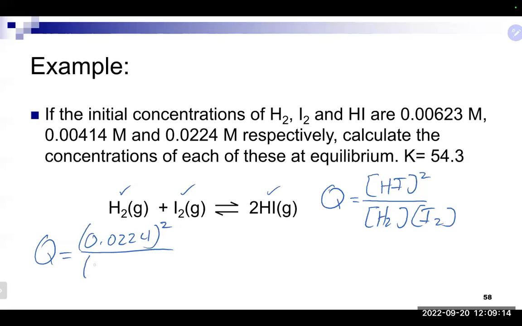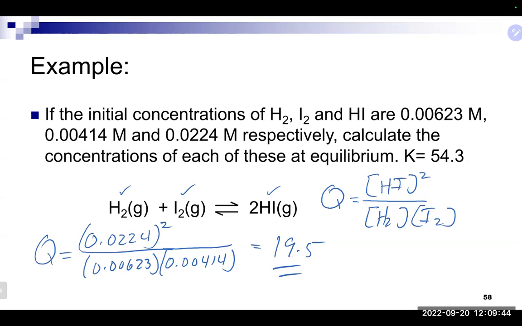Divided by our H2, which was 0.00623, and our 0.00414 for our I2. Putting those values into a calculator is going to get us a, we'll call it 19.5 as our Q value here.